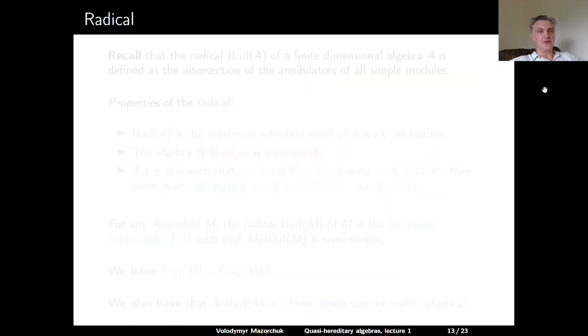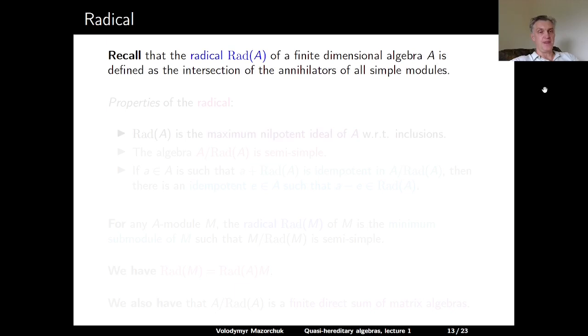Next, we can talk about the radical of the algebra A. Recall that the radical of the algebra A is the intersection of the annihilators of all simple A-modules. So, by definition, the radical of A is an ideal. Here are the standard properties of the radical.